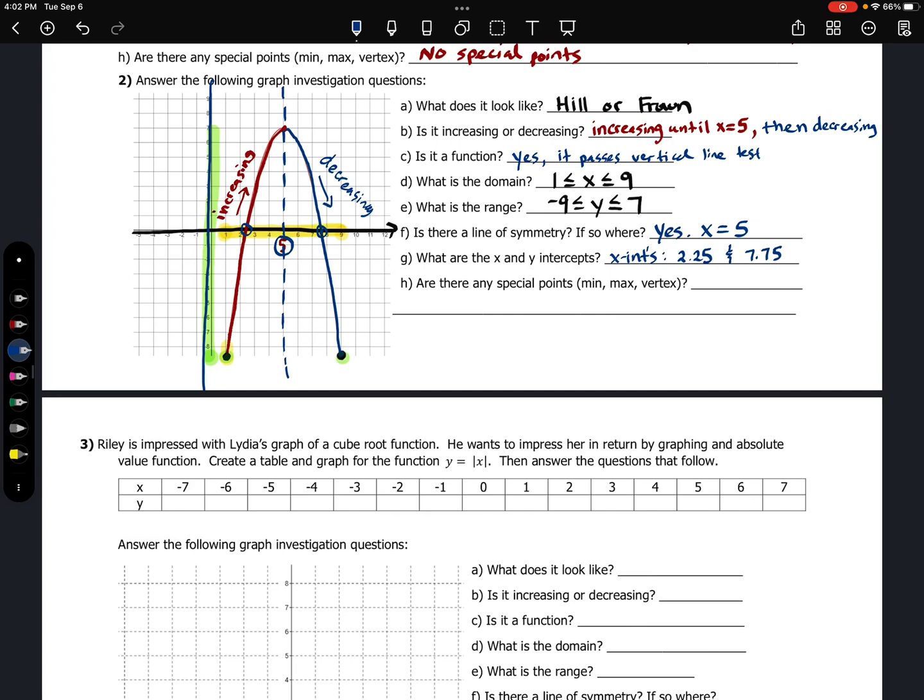Are there any special points, mins, max, or vertex? There actually are. When we look at this, there is a highest point right here. So we'd say our max is the point 5, 7, which is going to also be our vertex.